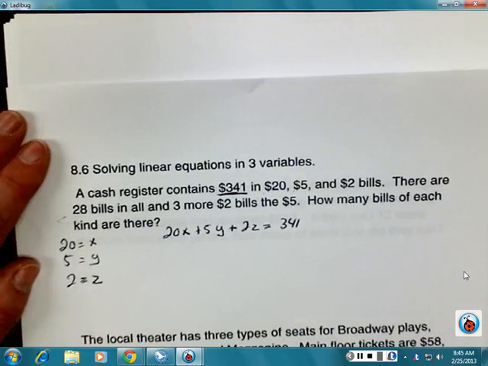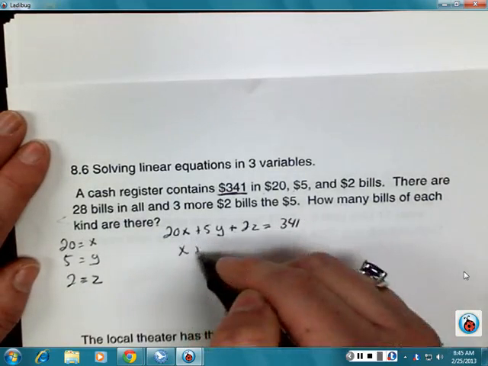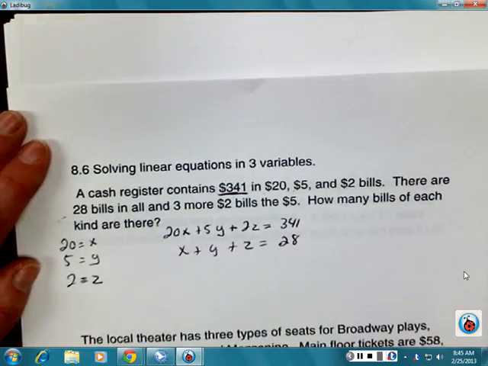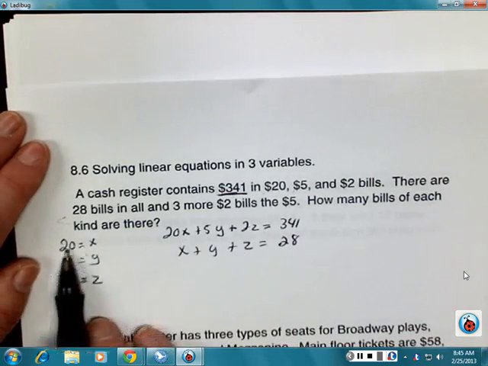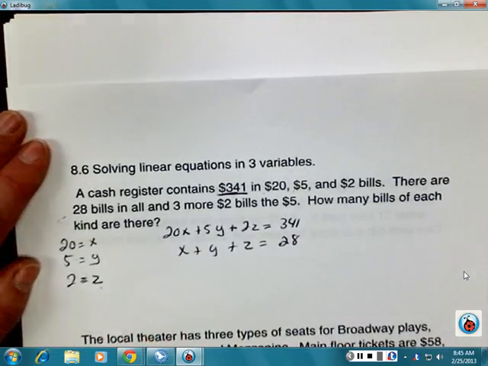What does that mean? X plus Y plus Z equals 28, so that's good. Remember, the X, Y, and Z are not the amounts of the bill, they're how many bills you have of that variety, okay?